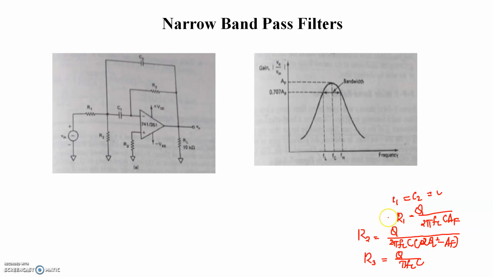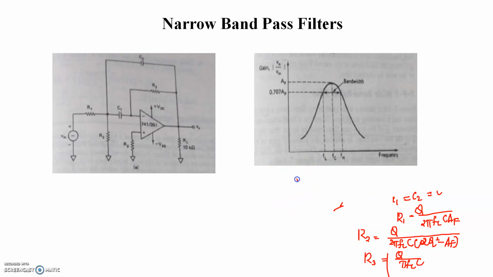And here it is a narrow bandpass filter. By giving the center frequency, we have to design the narrow bandpass filter. And AF is the closed loop gain, which is defined at the center frequency.